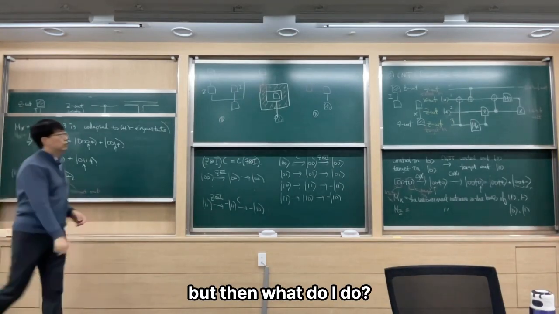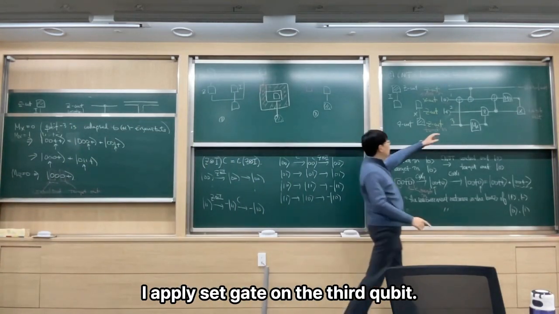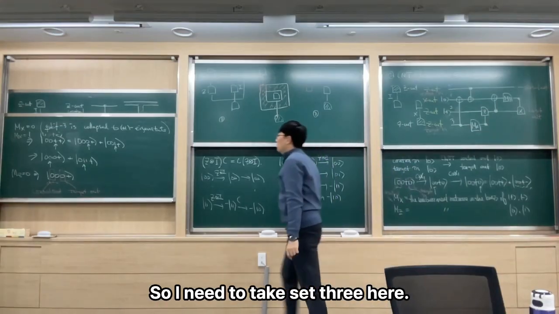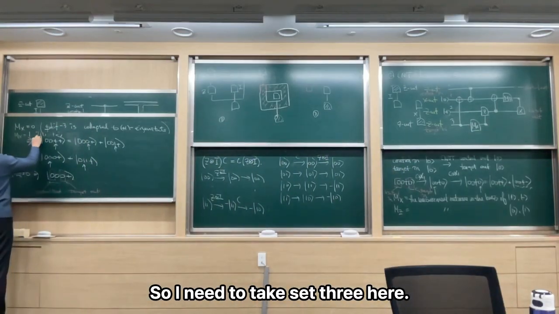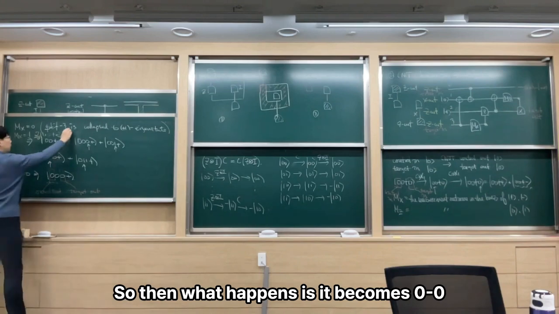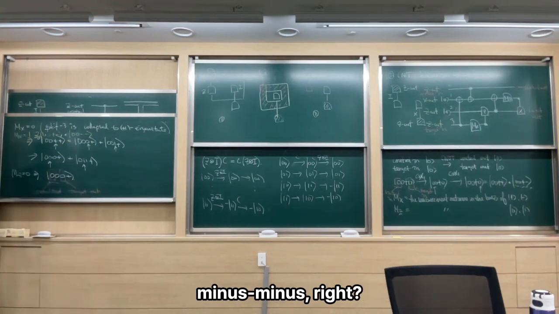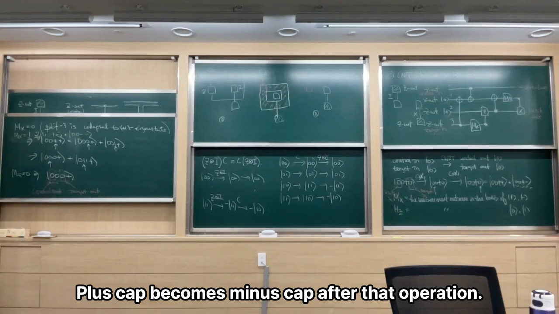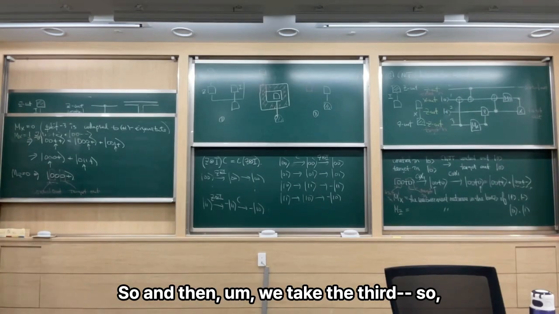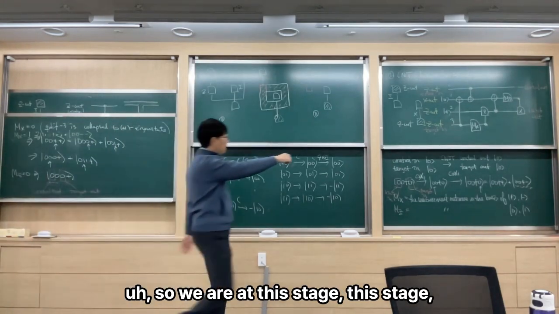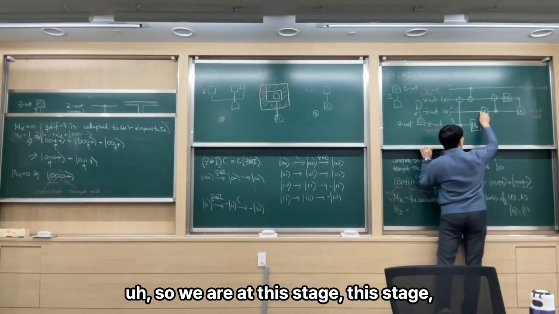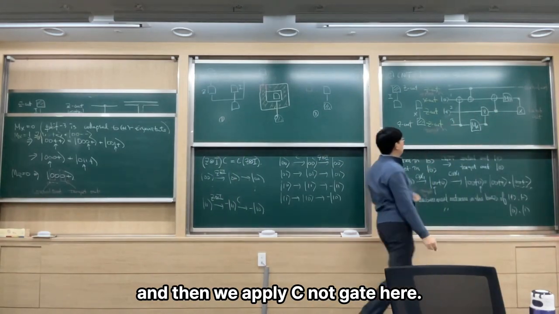But then what do I do? I apply the Z gate on the third qubit. So I need to take Z3 here. So then what happens is it becomes 0, 0, minus, minus. Right? Plus ket becomes minus ket after that operation. Then we are at this stage, and then we apply the C0 gate here.